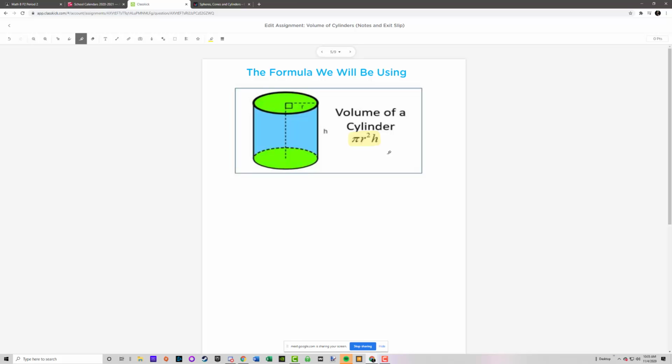So formulas basically ensure that most of your problems are going to work the exact same way. The only thing that's different is the values that you plug in.